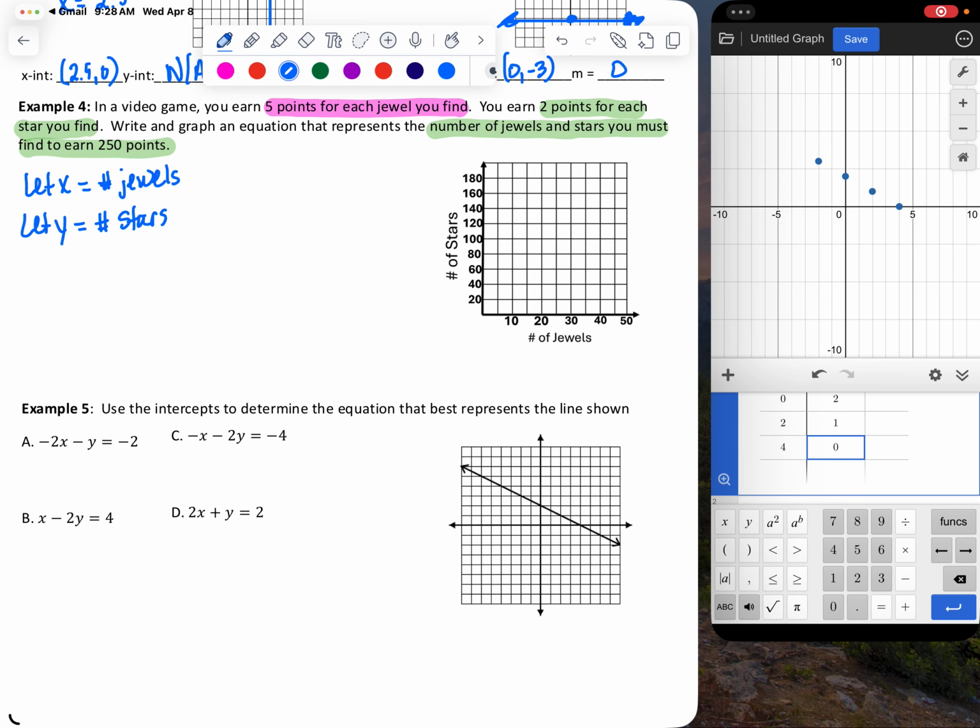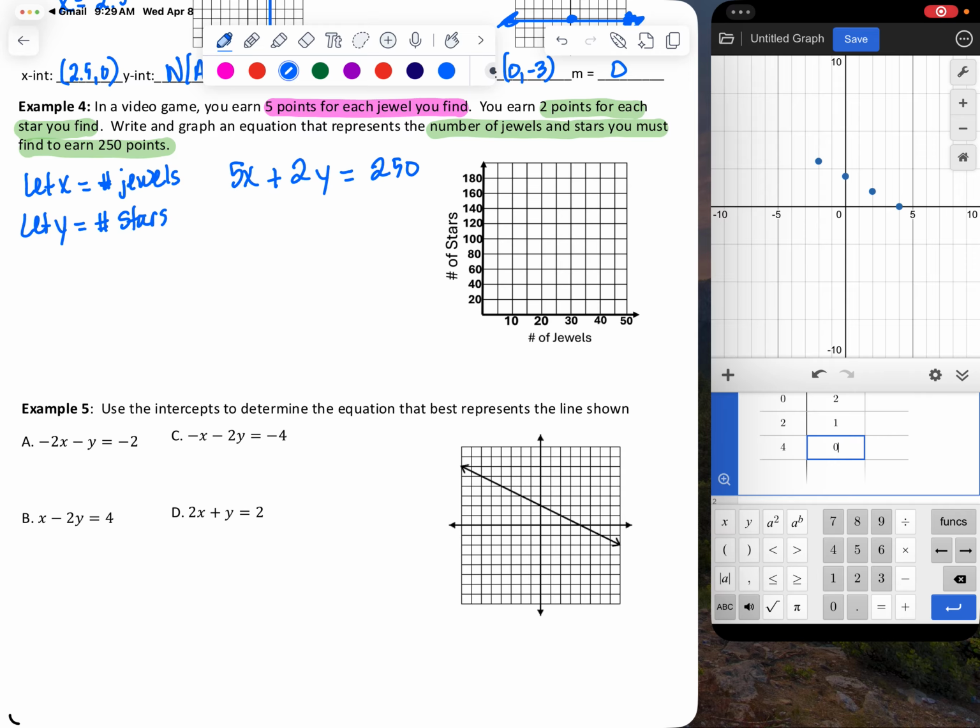So I know the jewels are worth 5 points. So that would be 5 times x. 5 times the number of jewels plus 2 points for the stars. So 2 times the number of stars. We want that total points to equal 250.